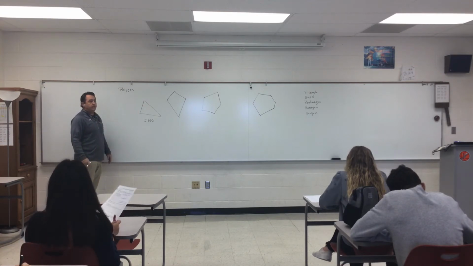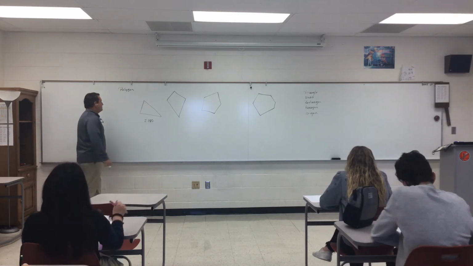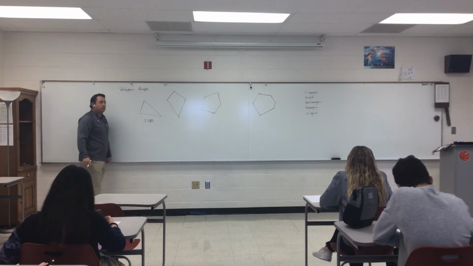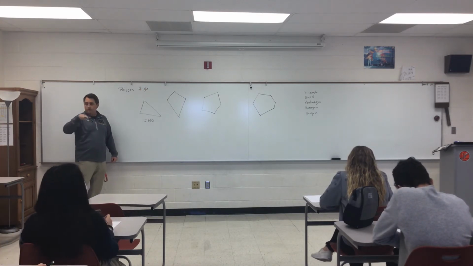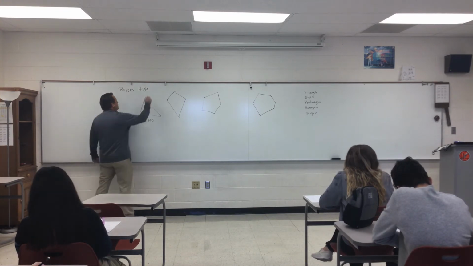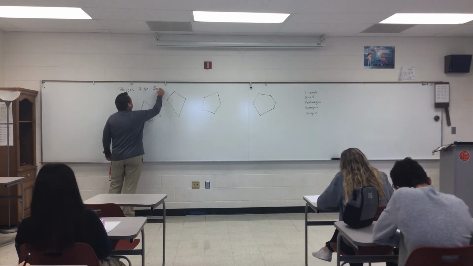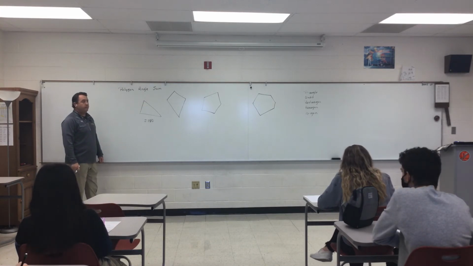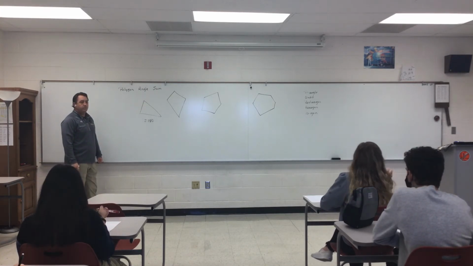Any number of sides. Then the next word is angle. So we're talking about all of the inside angles on these shapes. And then what does the word sum mean? It means you're adding them up. So what we're going to do today is talk about how we can figure out what all of the angles inside a shape add up to.